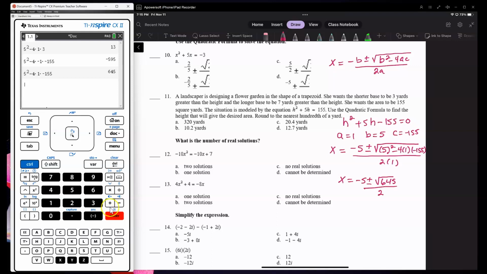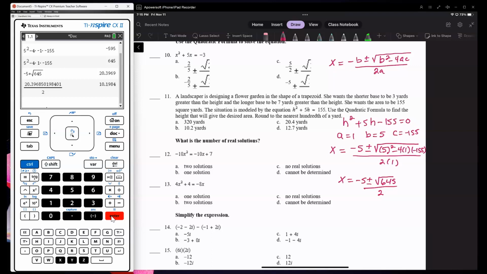So let's see what the first amount will be. It's negative 5 plus the square root of 645, and then divide by 2. So that's 10.19.